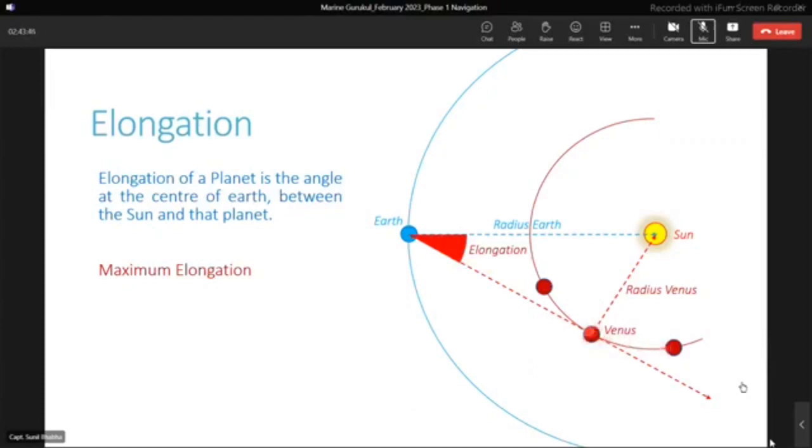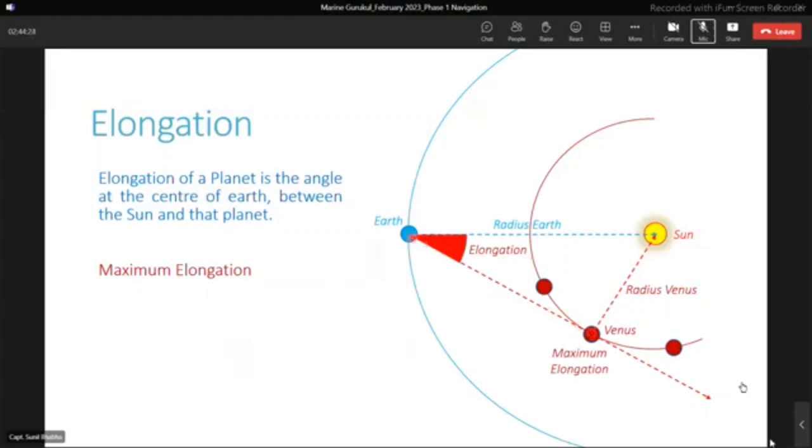Now, this point where the maximum elongation occurs, if you look carefully, is the point where, from the center of Earth, if you draw a tangent to the orbit of Venus, the tangent meets the orbit of Venus at this particular point. This is the point where Venus is going to have maximum elongation. And we are aware that the tangent is always perpendicular to the radius of a circle.